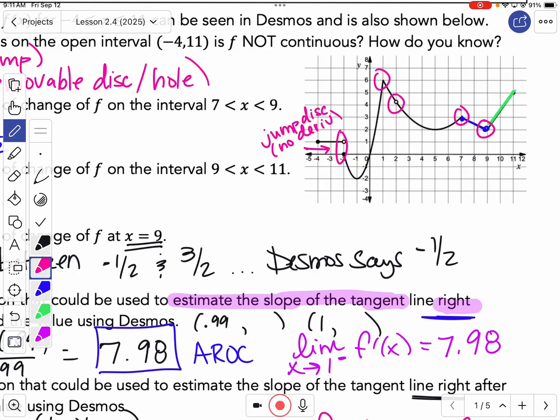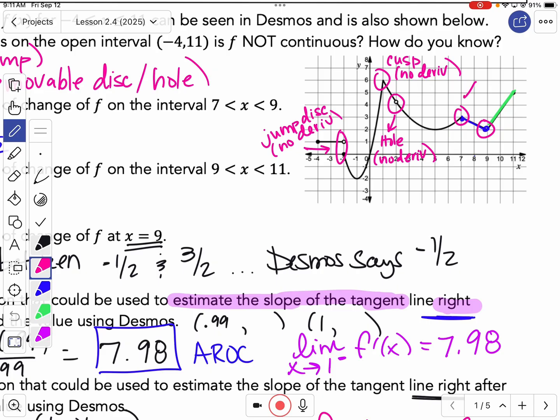What happened up here at 1? It's that sharp turn, right? We actually refer to this as a cusp. It's a cusp because it's curved going into that sharp point, okay? So there is no derivative. At 2, we had a hole, so there was no derivative.